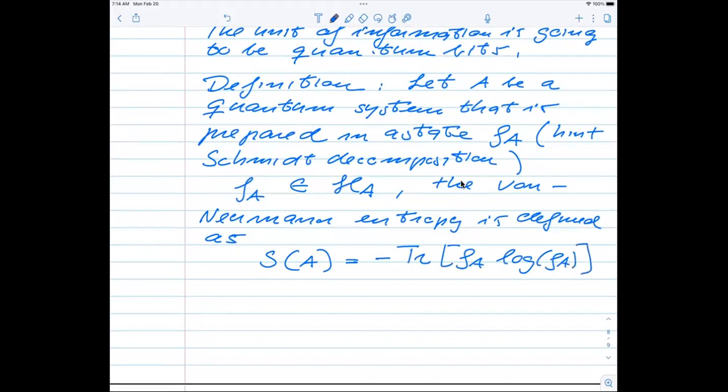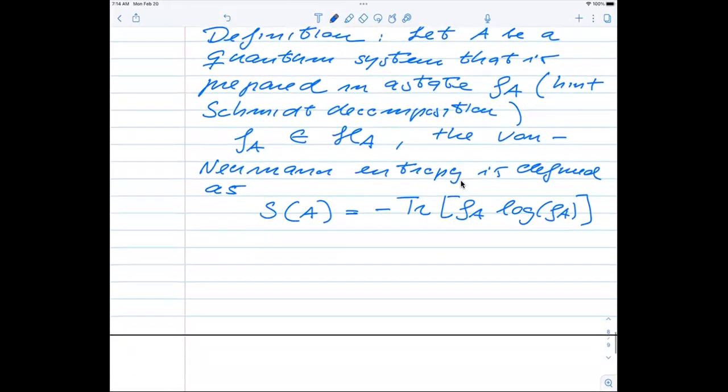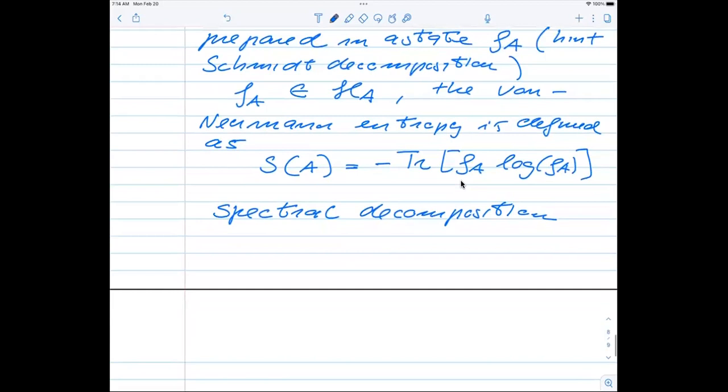This is the definition of the von Neumann entropy, and the useful quantity for us is the spectral decomposition of the density matrix, where we sum over all these specific states.